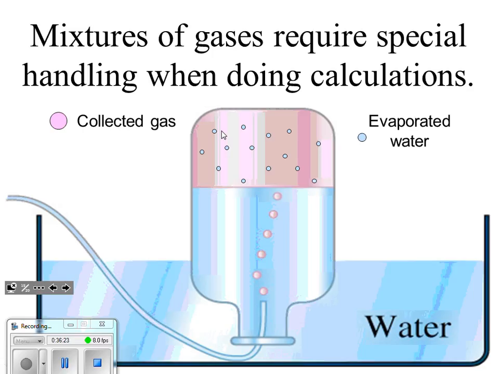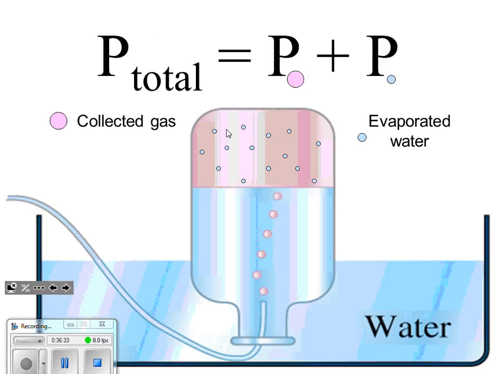So I have to take that into account, that this pink gas is not just the gas. So the total pressure is going to be equal to the pressure of the pink gas and the pressure of the water vapor.